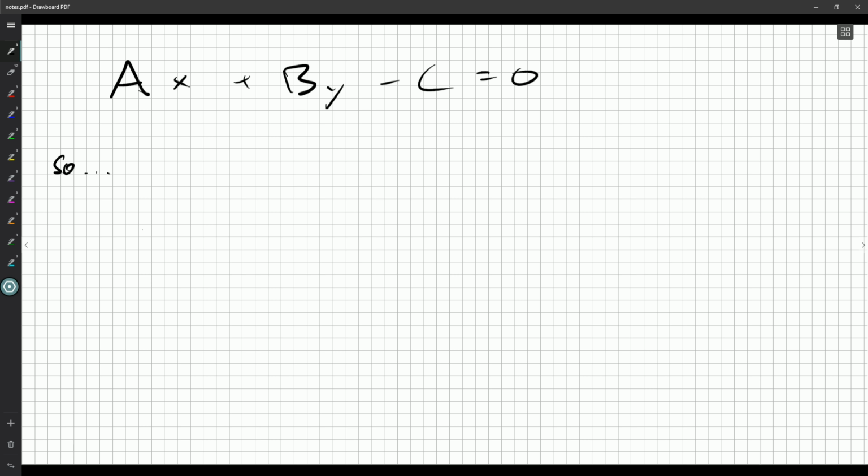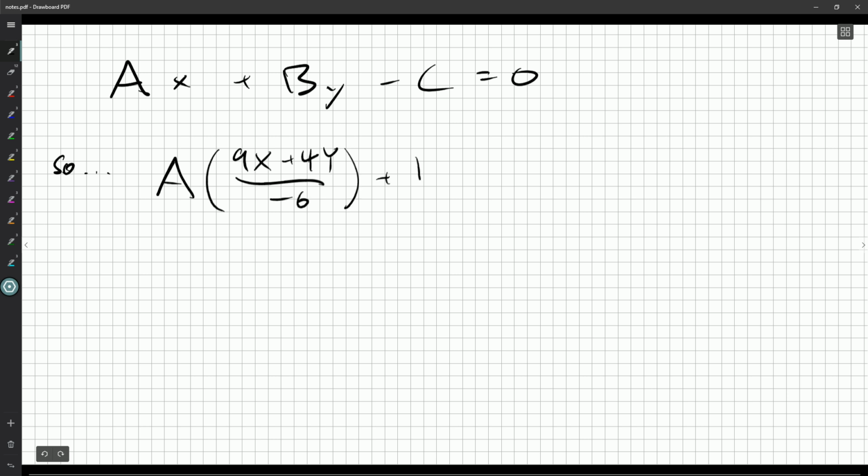What do we know about the old x and y? We know that ax plus by minus c is equal to 0, and this looks like a line. So we should get a times 9x plus 4y over negative 6, plus b times 2x plus y over negative 3, minus c is 0.